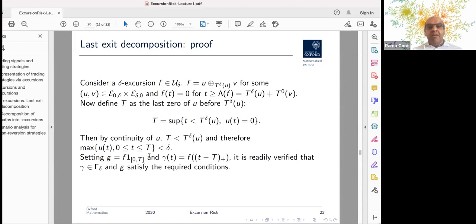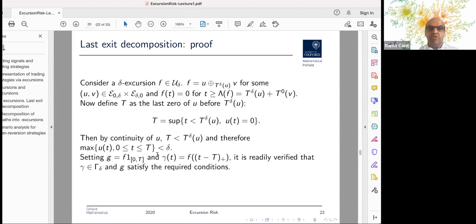So if I call G the function U restricted to the interval 0 to capital T, this function never reaches delta by construction. And I call gamma what's afterwards. Then G concatenated with gamma gives you back F, but now the first part never reaches delta and the second part reaches delta exactly once and reaches 0 exactly once.